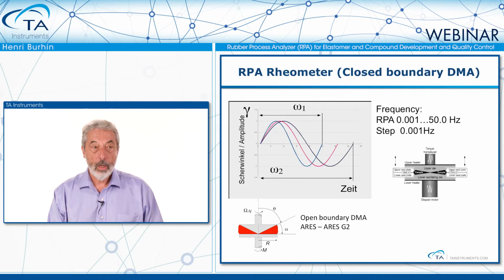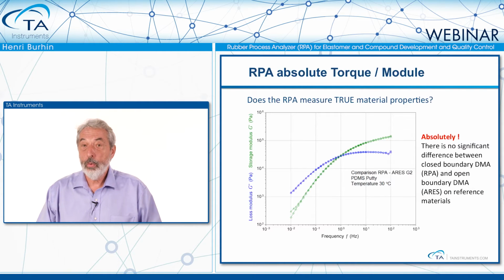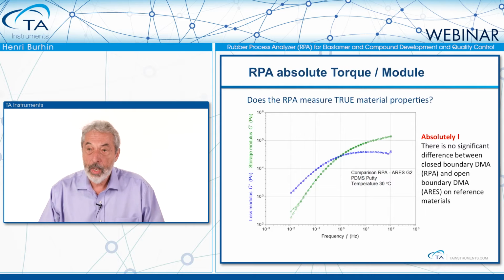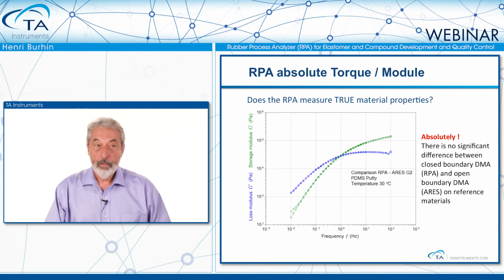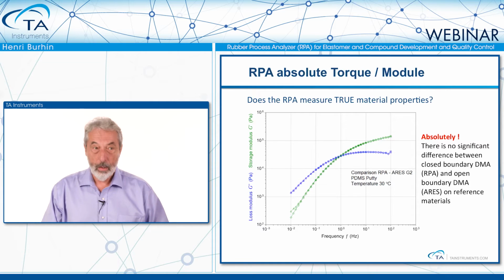But apart from that, it is important to make sure that we measure absolute material property in a closed boundary instrument. So a verification has been done on a PDMS Celipati material at a temperature of 30 degrees C, which is actually the reference material for RS and TA Instruments, a rheological instrument.